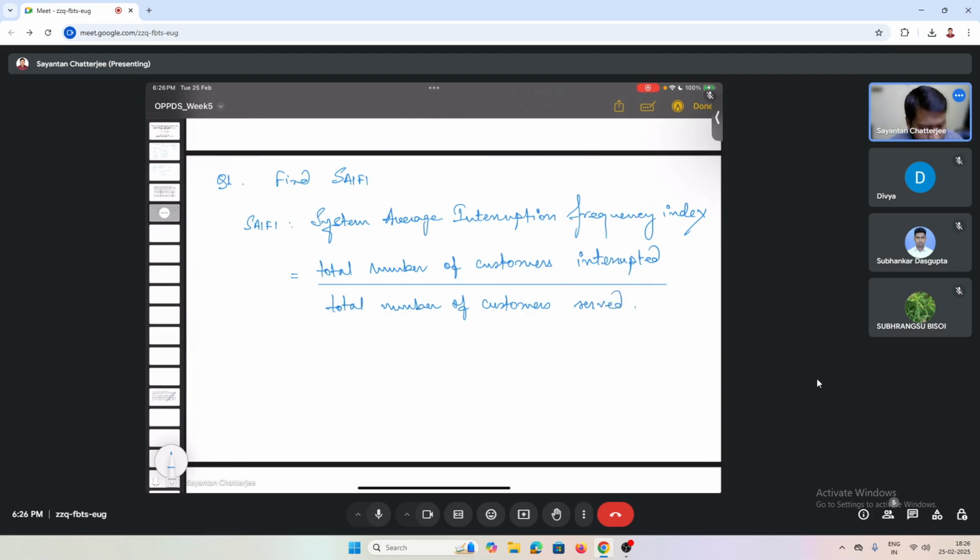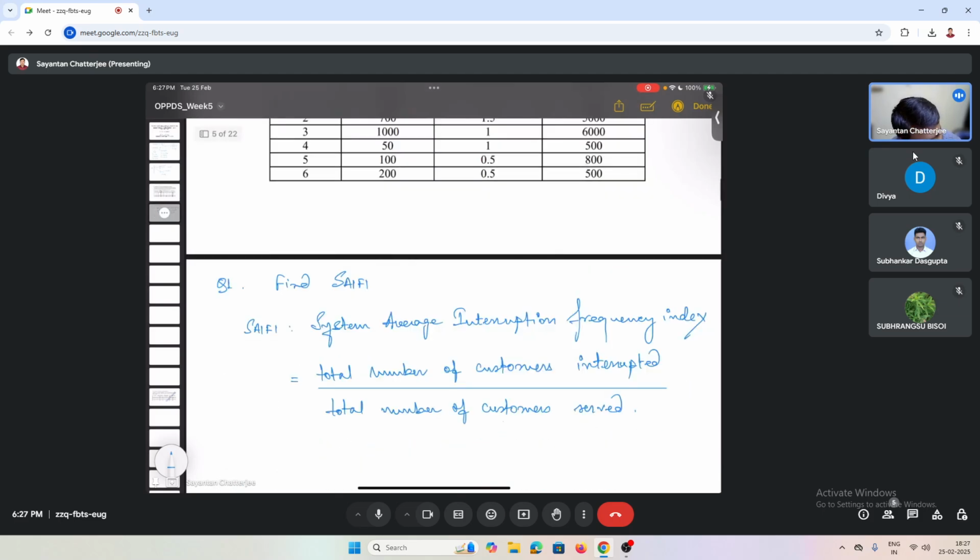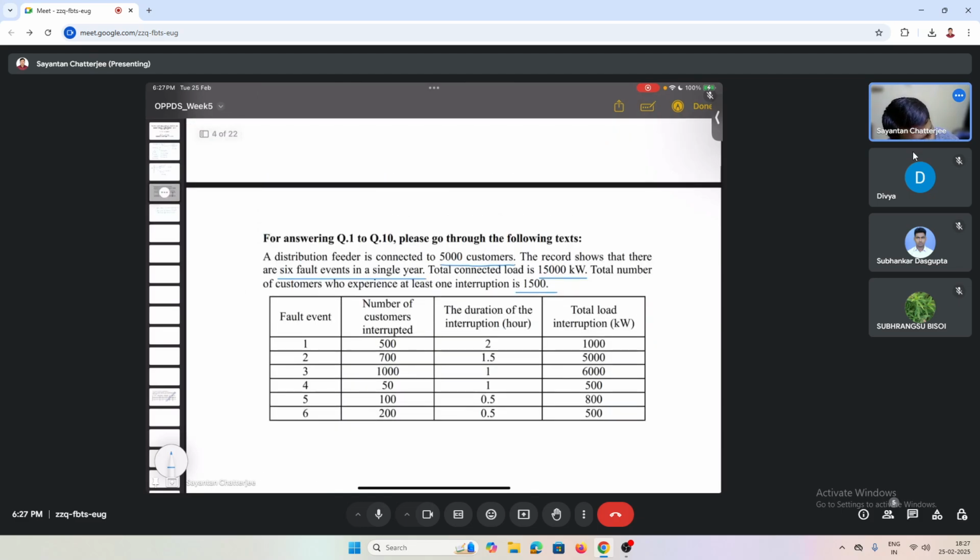So based on the question, we need to find SAIFI. First, we need to find the total number of customers interrupted. Here the customers served is given as 5,000, right?